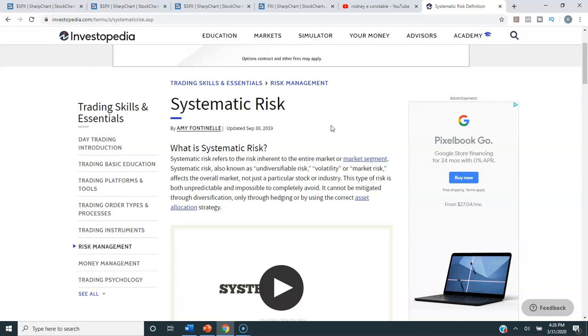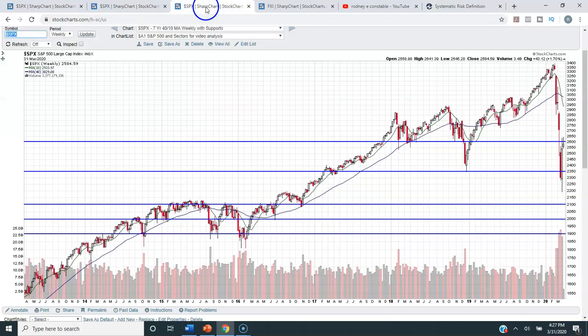But I want everybody to understand that systematic risk is non-diversifiable. It's the whole market, and what we're dealing with here, guys, is a systematic risk event, okay? You can't diversify yourself away from this.